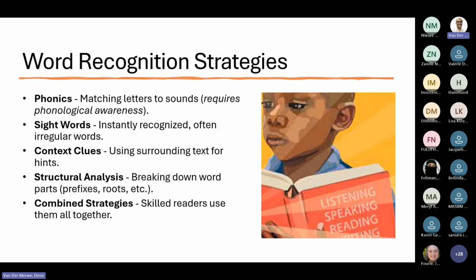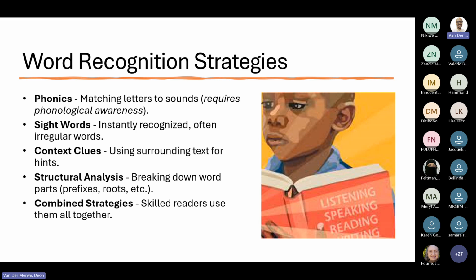And that is also a skill that Dr. Fourie emphasized. And then we have context clues. Sometimes the words around an unfamiliar word can help learners guess its meaning. And practicing this with real stories is one of the best ways to learn.